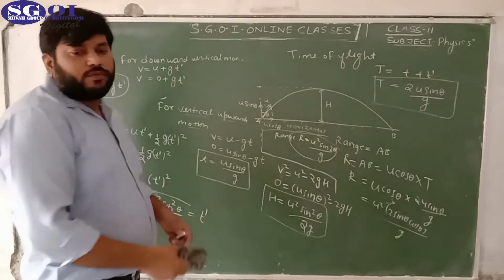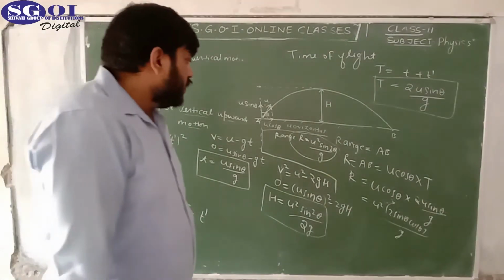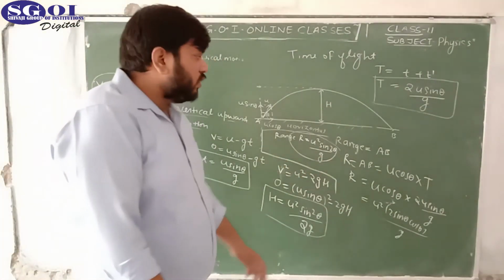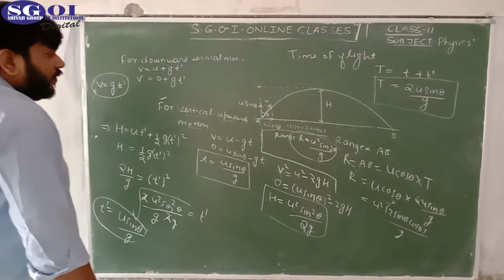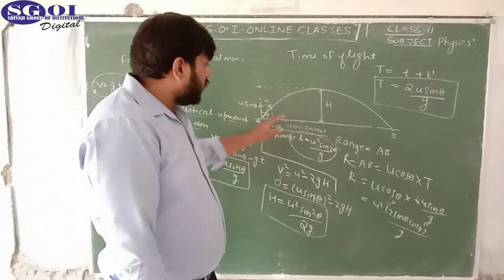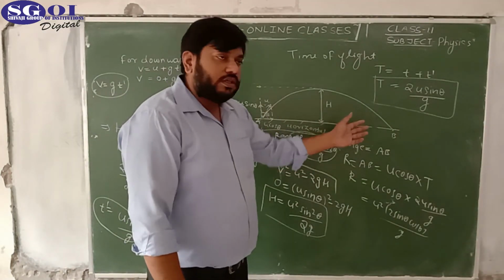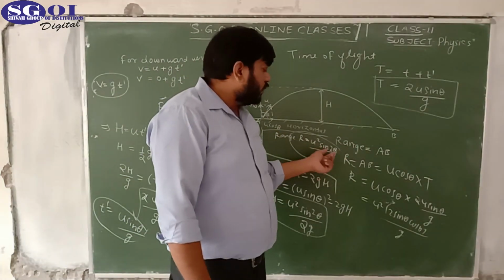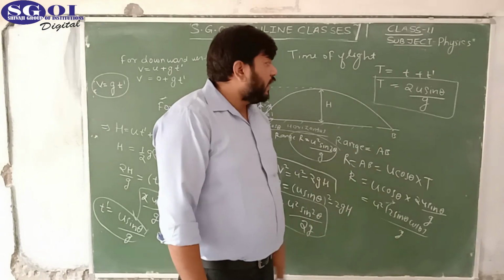This is the formula for range. So we have found three things here: the maximum height achieved by the projectile, the range formula u square sin 2 theta upon g, and the time of flight 2u sin theta upon g.